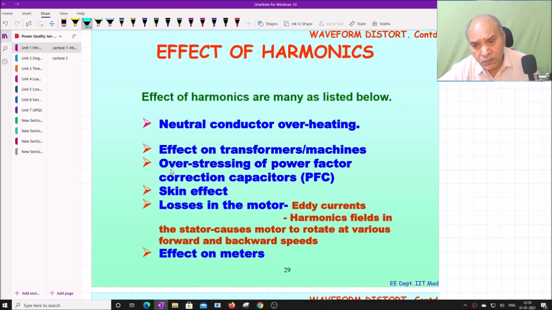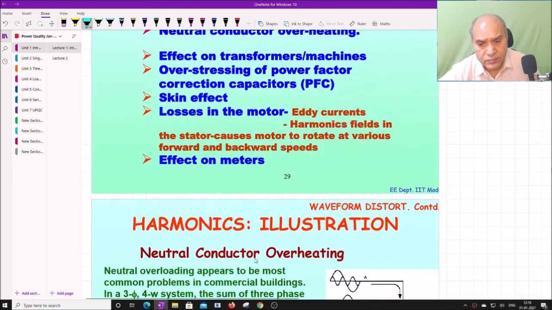The requirement of power correcting devices such as the capacitors and their own implications, sometimes they won't work, the skin effect, losses in the motor, effects on meter. As you know that we use the meters to measure the powers, so they may also be affected because of the harmonics and unbalance. They may give erroneous readings if they are not well designed.